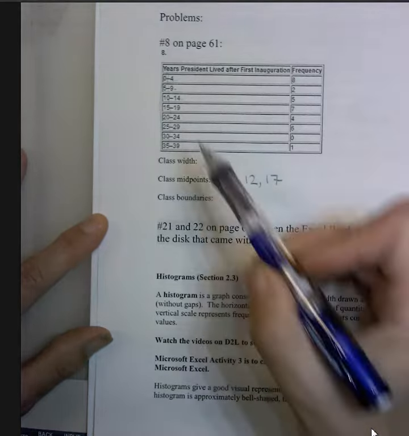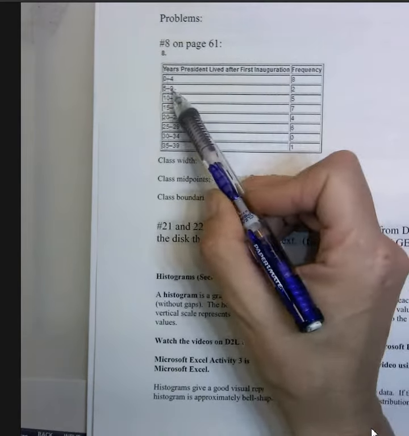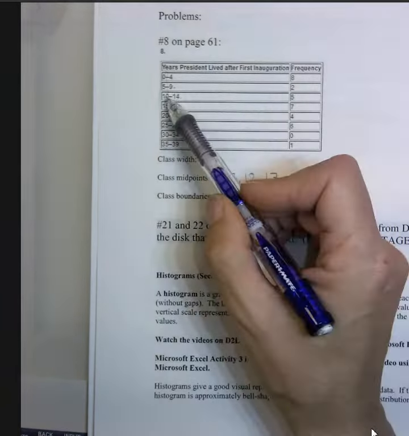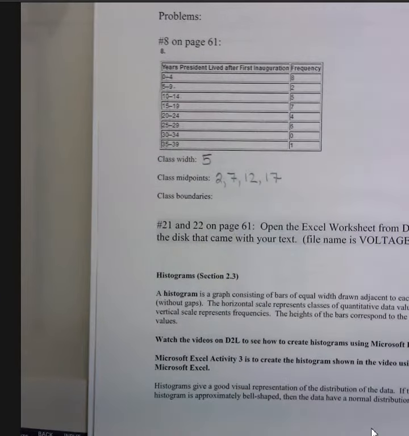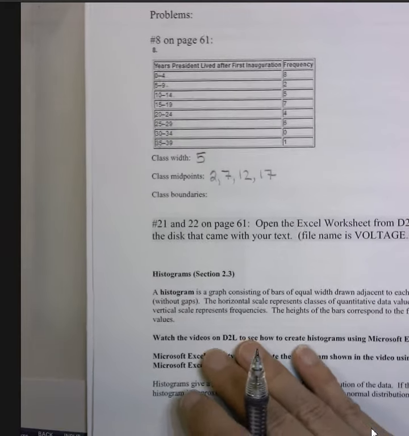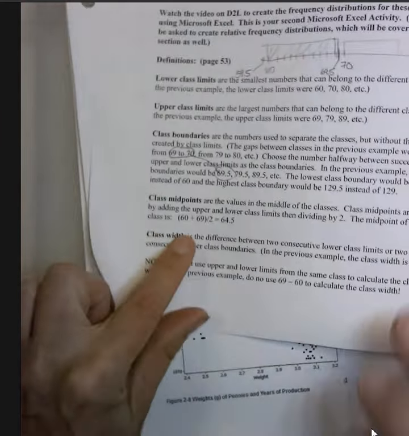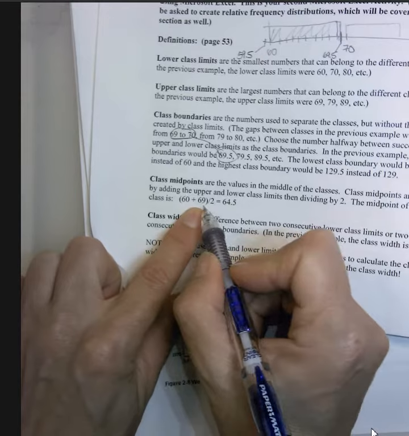You could also say, okay, what's halfway between 5 and 9? It's 7. What's halfway between 10 and 14? It's 12. It's the formula that I gave on the second page: lower plus upper divided by 2.